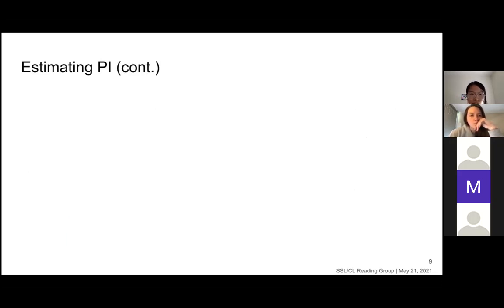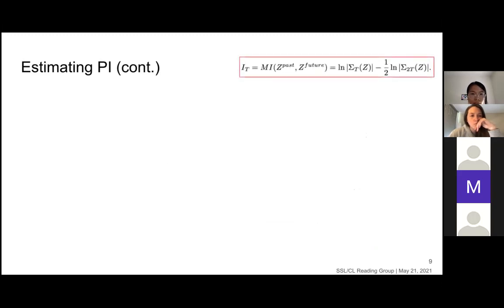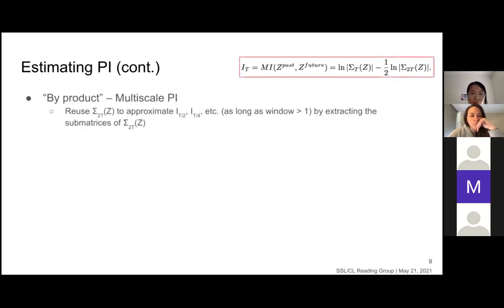Okay, so this derivation also gives us a so-called byproduct of PI. Once we have sigma 2T, we can reuse it to approximate the PI within T over 2, or half of the time window, or 1/4, etc., as long as the time window we are estimating is larger than 1.